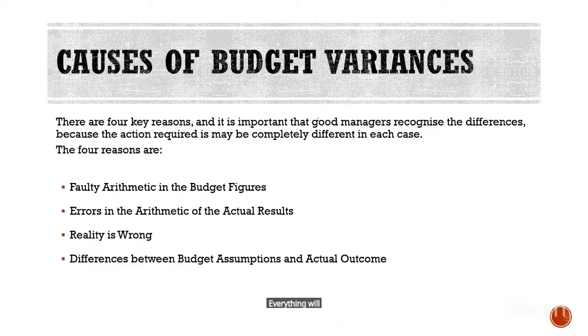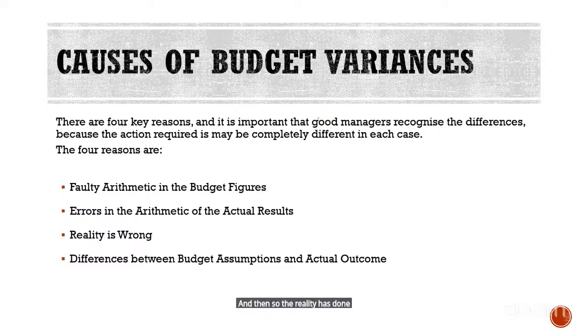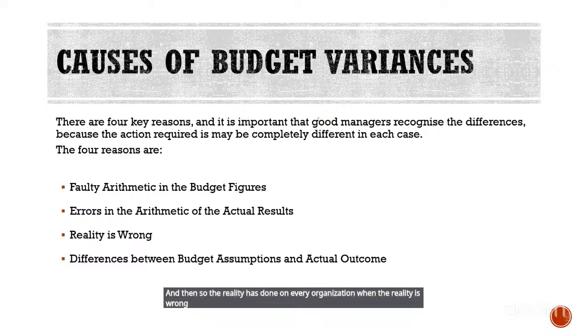So budgets became useless. People had to go back and readjust their budgets. So the reality changed for every organization. When the reality is wrong, it will also affect what we call the budget variances. We discover that what you budget is not what you get in the market, when there's a wrong reality or a change in reality.